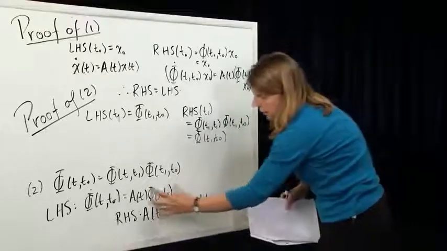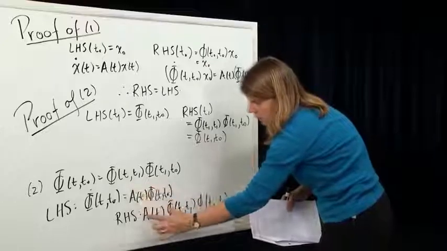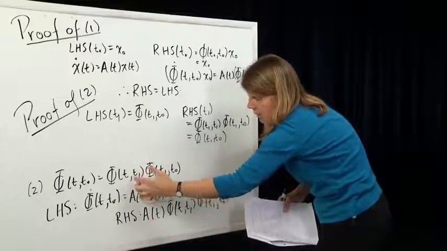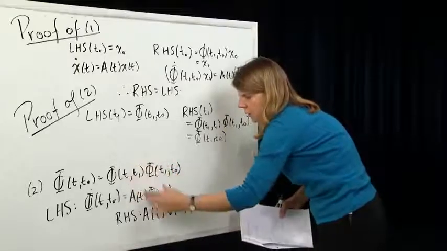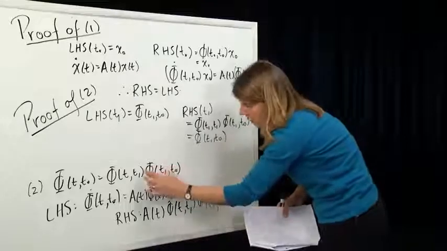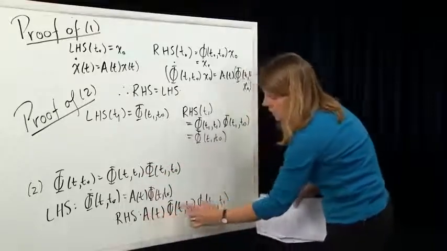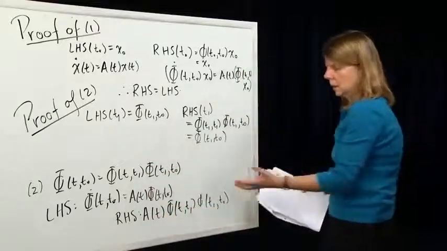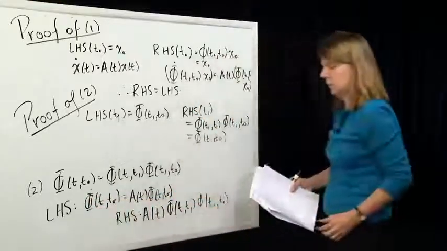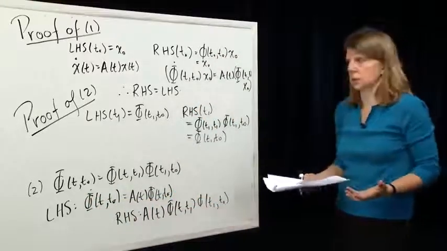Okay, so again, when we take the derivative of that right-hand side, it satisfies a differential equation where the derivative is equal to a of t times the function itself. So the derivative of the right-hand side is a of t times the right-hand side. Again, the derivative of the left-hand side is a of t times the left-hand side. So they satisfy the same differential equation.